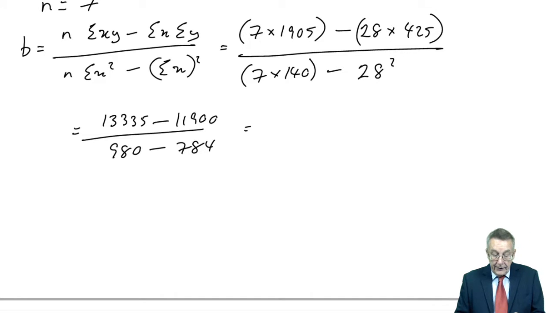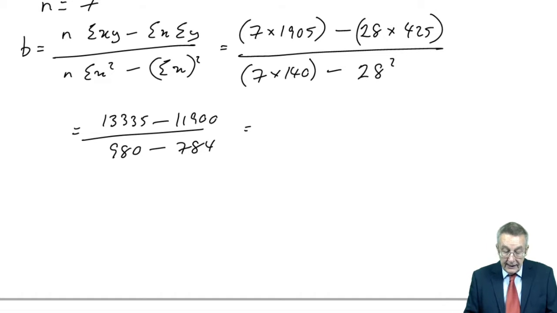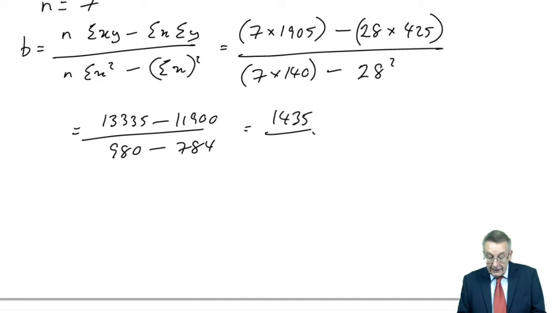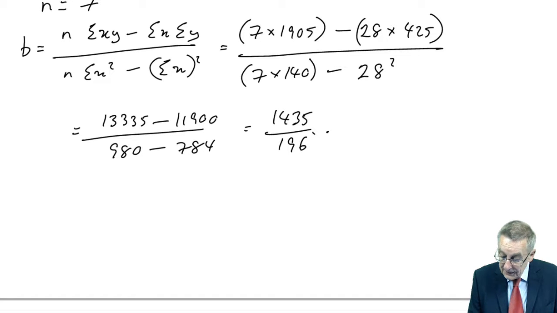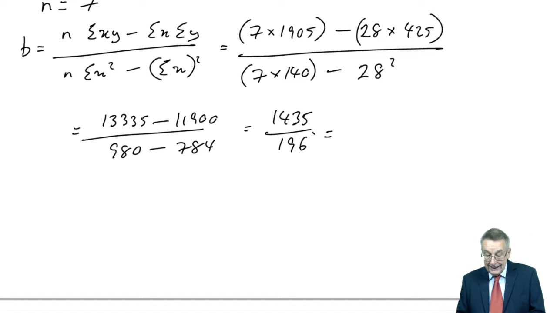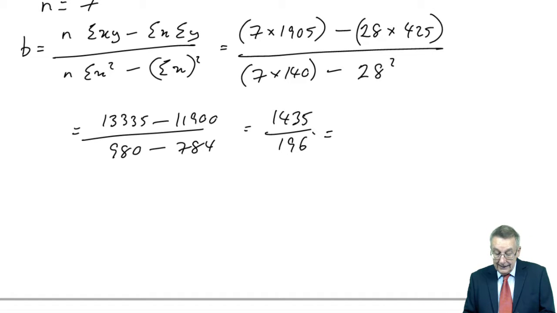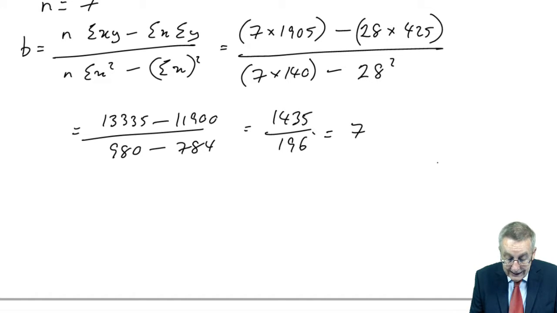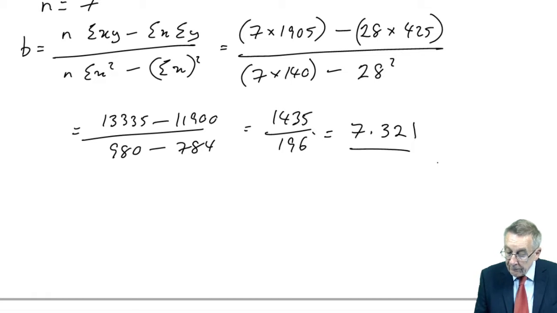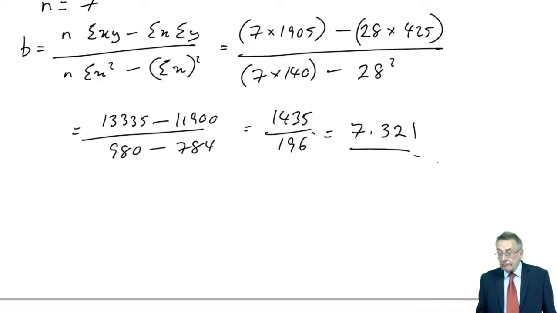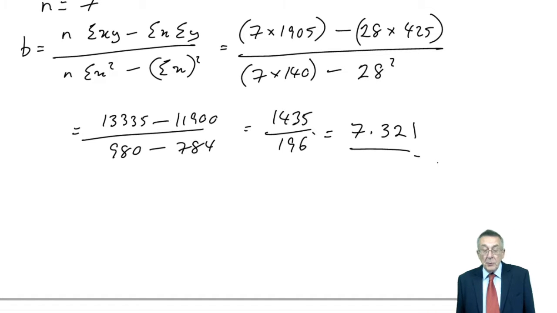So I'm nearly there. 13335 minus 11900, 1435, over 980 minus 784, 196, is I get 7.321. I'll talk about rounding shortly, but let's get it finished first. But 7.321.